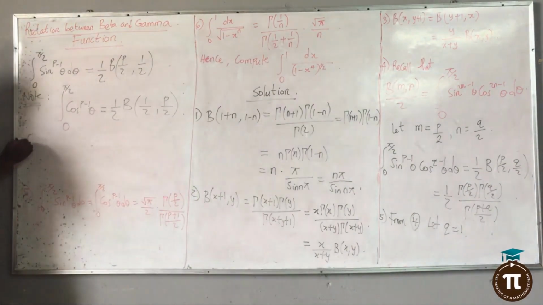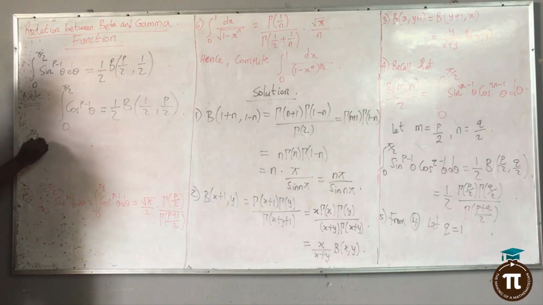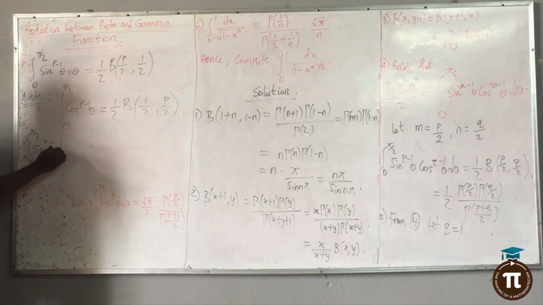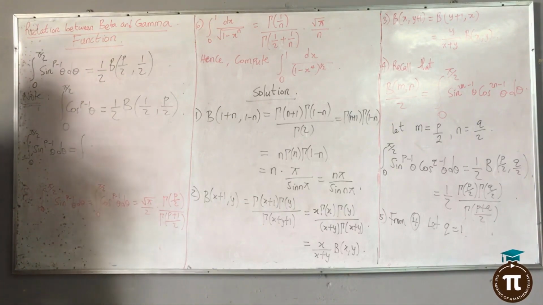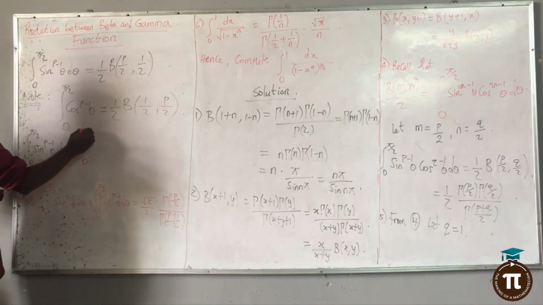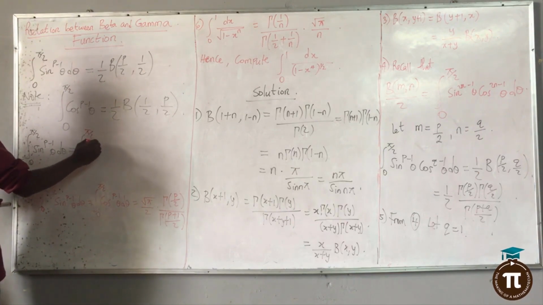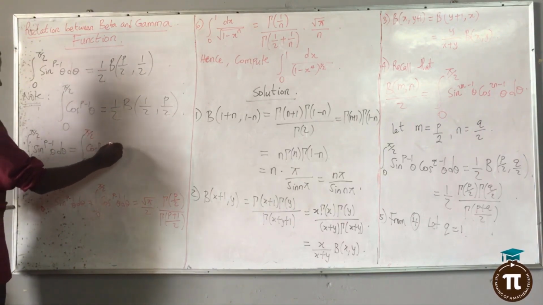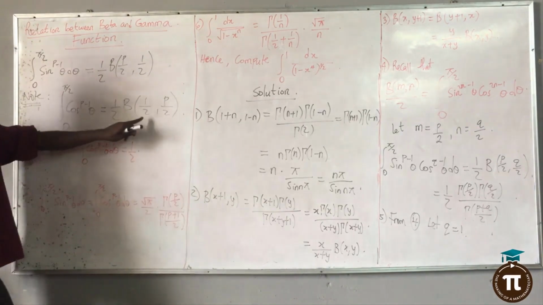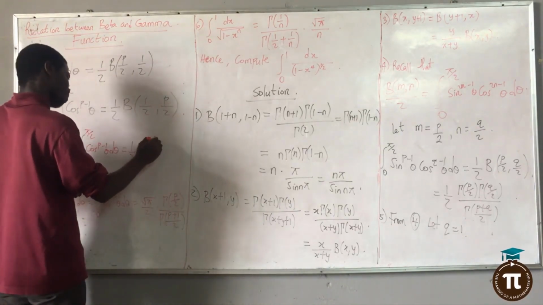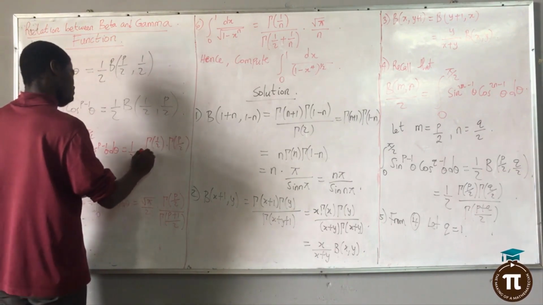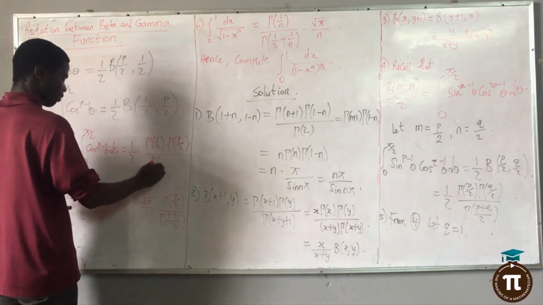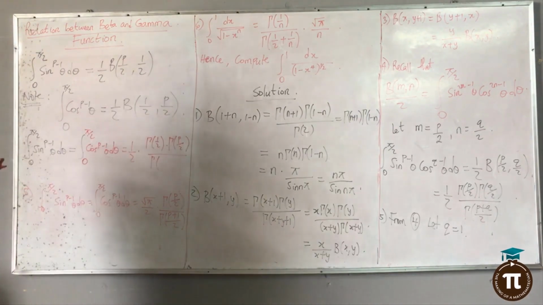So the integral from 0 to pi over 2 of sine p minus 1 theta d theta is equal to the integral from 0 to pi over 2 of cos p minus 1 theta d theta, which is equal to 1 over 2 multiplied by gamma of 1 over 2 multiplied by gamma of p over 2 all over gamma of p plus 1 over 2.